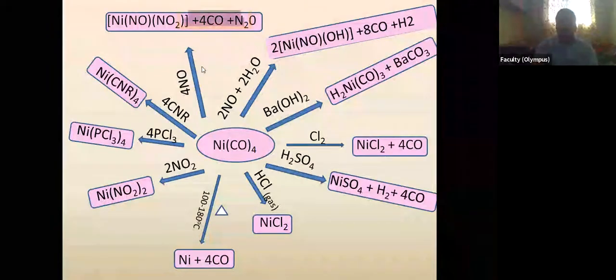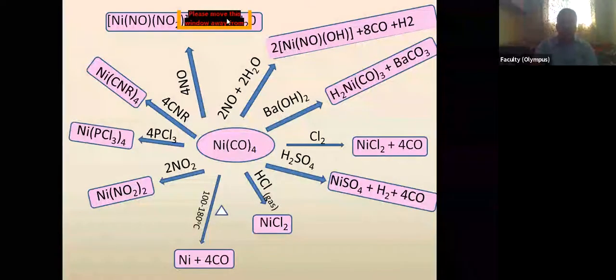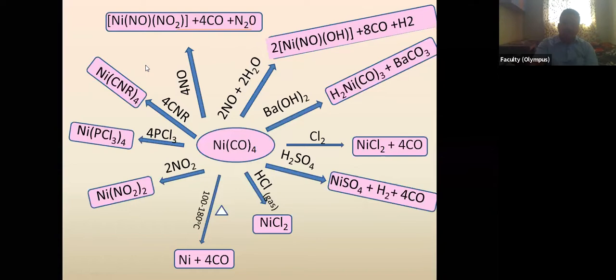Then another reaction is with nitrogen oxide gas, anhydrous, that is pure nitrogen oxide without water. We get this type of complex, nitrogen dioxide and nitrogen oxide nickel complex, plus 4CO and nitrous oxide.